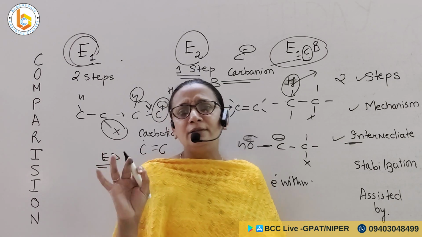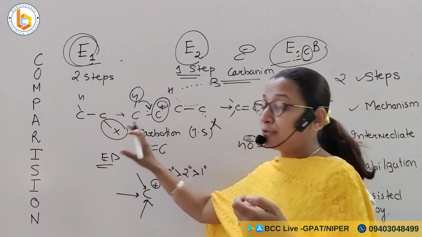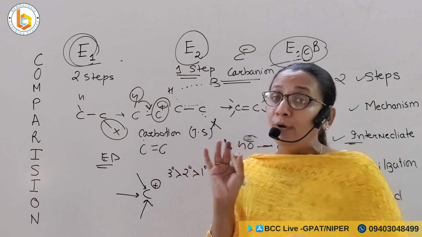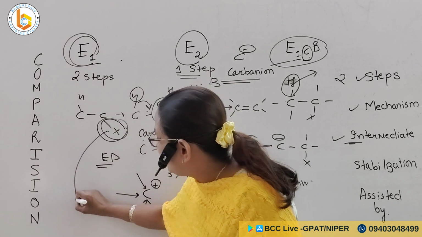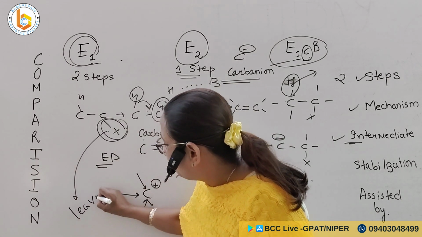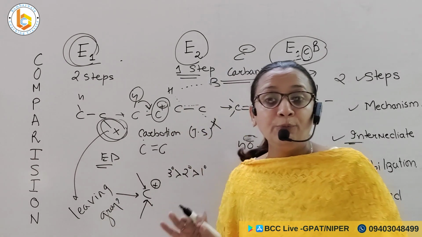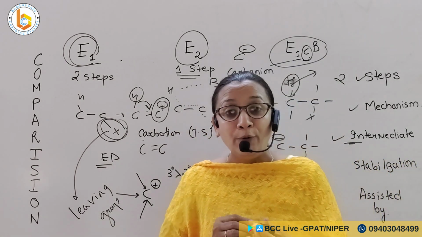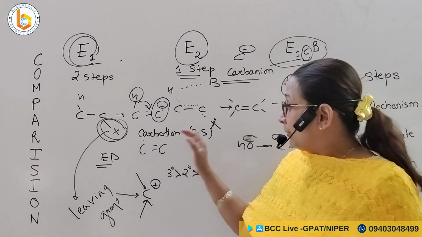And the last and most important difference between elimination first order and second order is that we always say we require a very good leaving group. I have taken the concept of leaving group in detail; a leaving group is one that leaves the system easily.